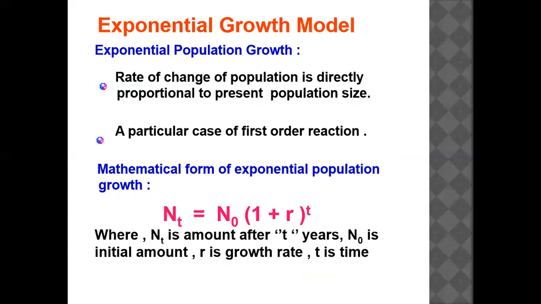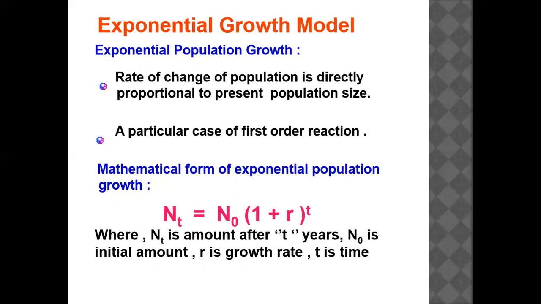Number two, in this model, it is assumed that the birth rate and death rate are the same or fixed, and the population grows steadily with time without any limits. That is why this model cannot be used to calculate the growth rate of population in a city.